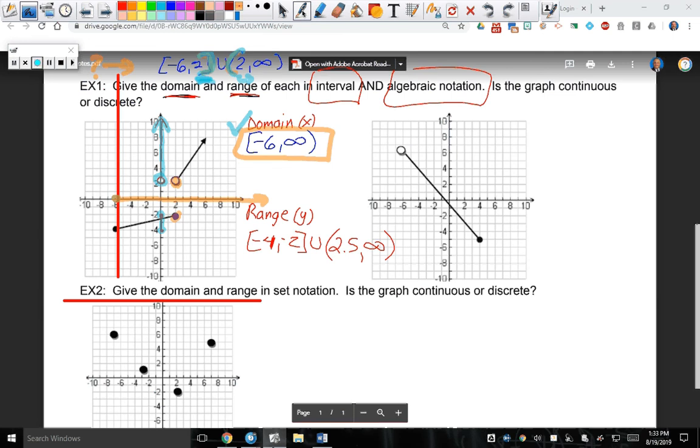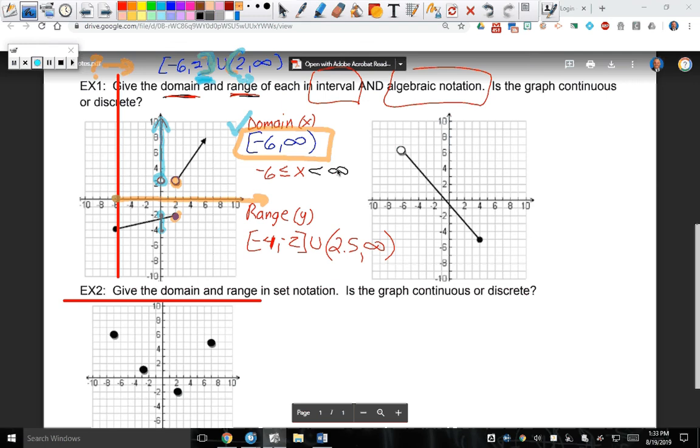Christina, what would I do? Less than infinity. So she is correct. It should be less than or equal to. That's how you have a bracket with -6.